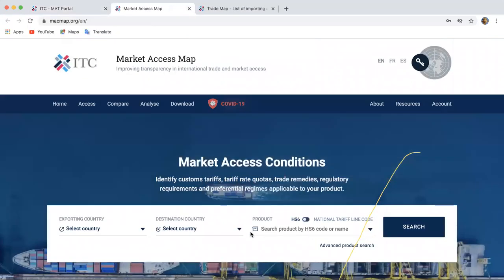Now I'll be going to Market Access Map, and you can access it with the same account as the one you created in the portal, or if you created it in Trade Map itself, it works in both tools. This one gives you information on how to enter a certain market. What tariffs do you have to pay for your product?